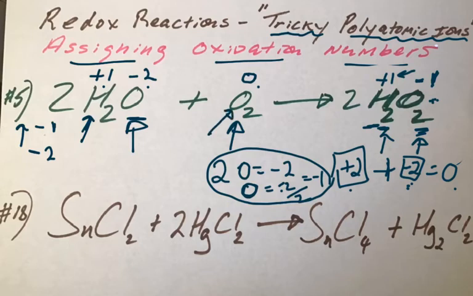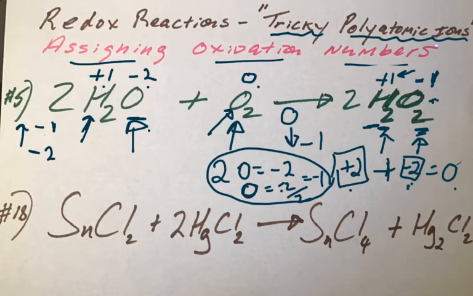This oxygen, on the other hand, is going from 0 down to -1. It's kind of strange, right? They're both going to the same oxidation number. Now, there's a term you're going to learn later on in college called disproportionation, but I'm not going to delve into that too much, but that's what's going on here.